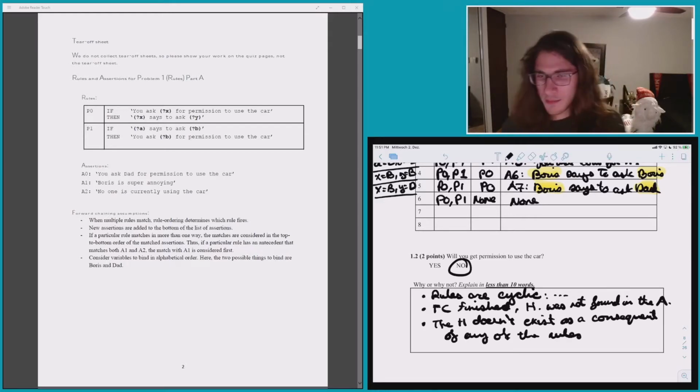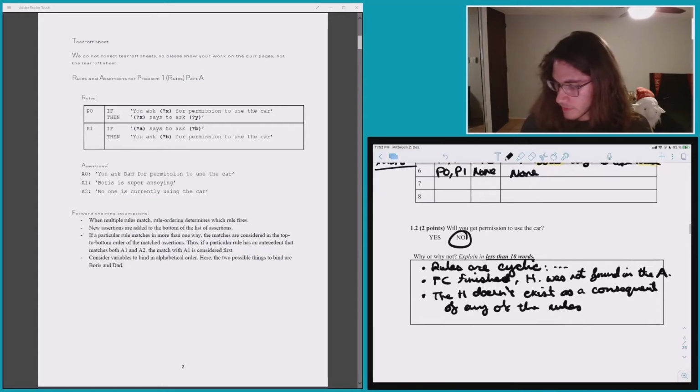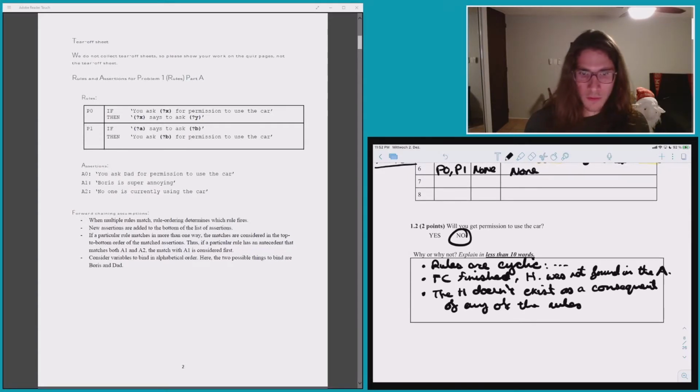I say more observational because you could literally point your finger at the rules and say none of these rules are a template that says X or Y gets permission to use the car. And because that's never a template and it's not in the original assertions, then how could it ever be produced? So that's that for asking for permission to use the car.